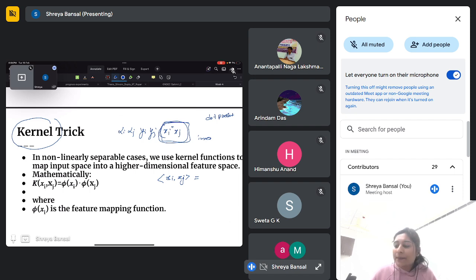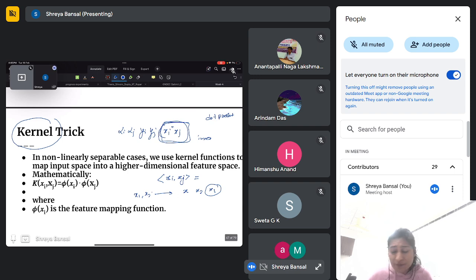Let's think about it in mathematical terms. If you are going from 2D to 3D, in 2D you have x1 and x2, and you have to move to x1, x2 and x3. So you just define what x3 is. When you are increasing your dimensions, you define one function for each.